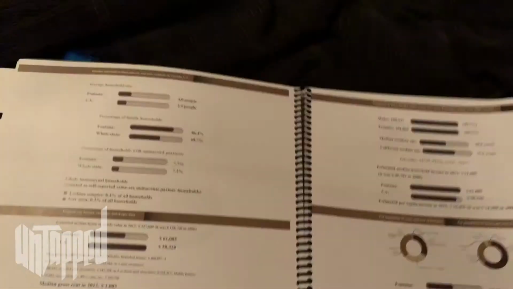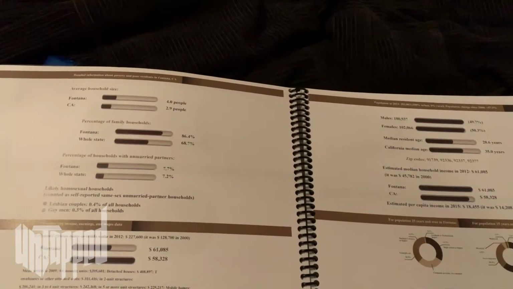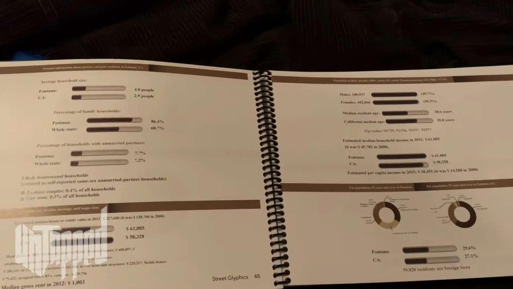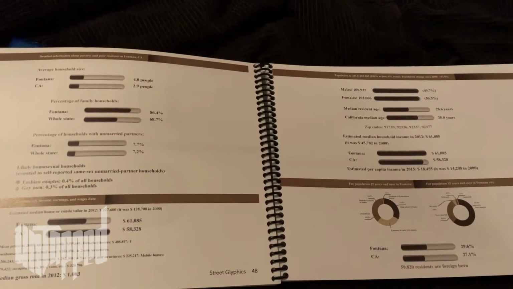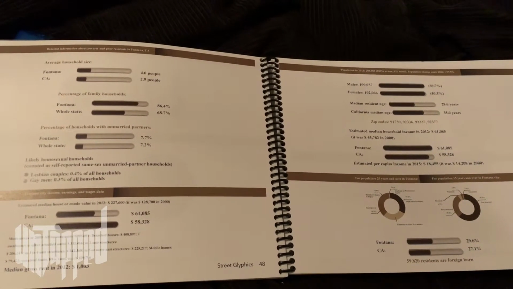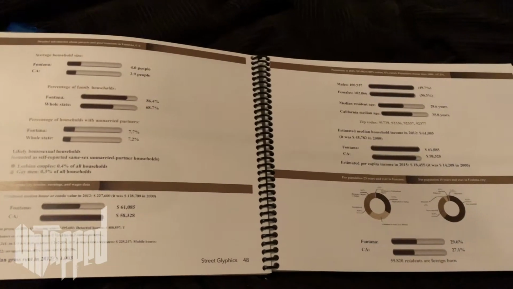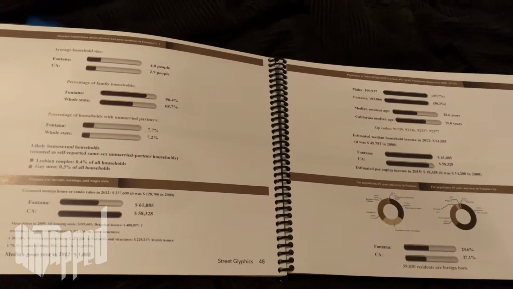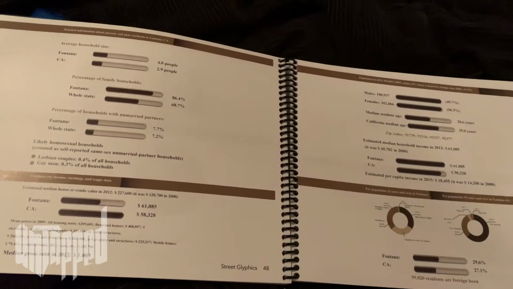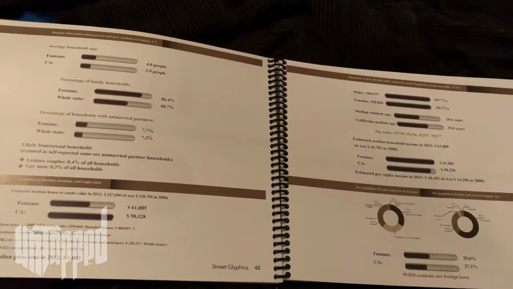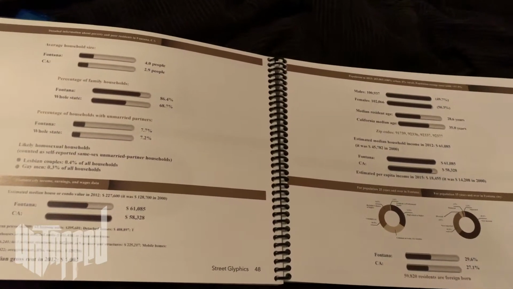As far as where we got the data for the city and our target audience, city.gov is always a good website for us. It goes really into detail on the city demographic and income.